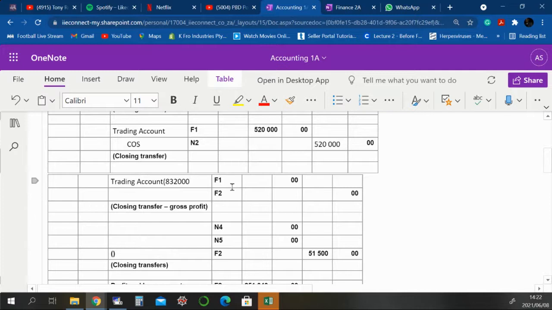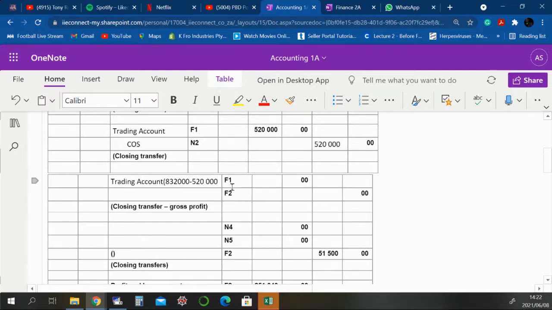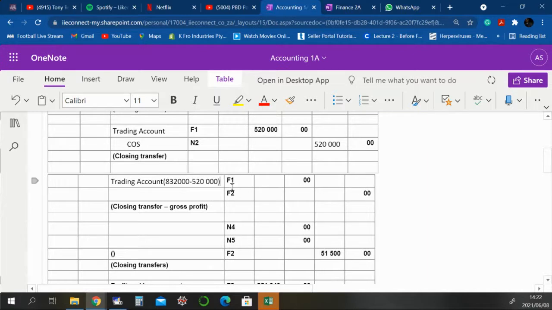Minus 520, which gives you 312. And then we know that that gets closed off to the profit and loss.